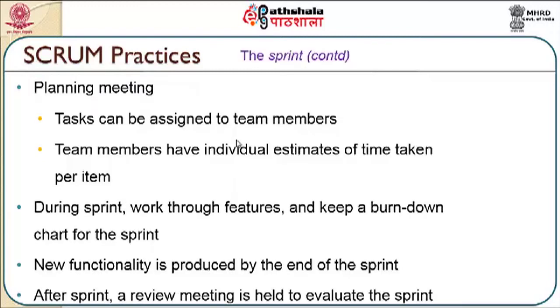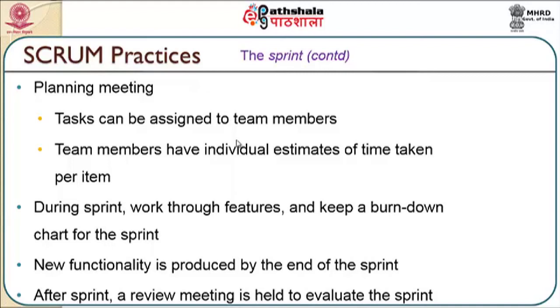Subsequently, it goes towards a planning meeting where the tasks can be assigned to all the team members. Team members have individual estimates of time that is to be taken for every feature that they are about to work with. During every sprint, work through the features and keep a burndown chart for every sprint. New functionality is produced by the end of the sprint.